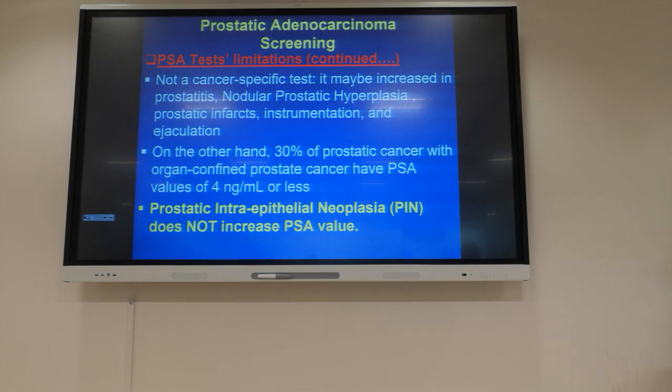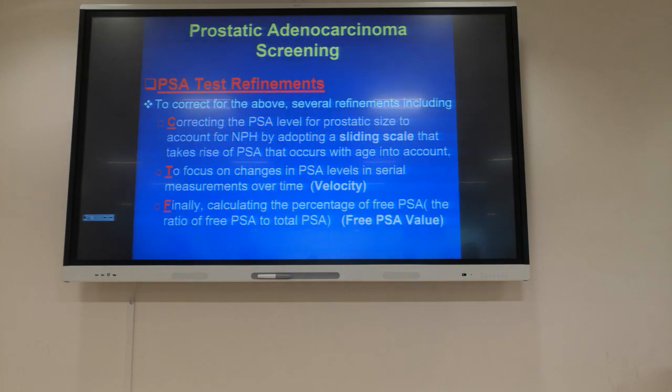So now scientists and clinicians started to suggest test refinements. One of the best is what is known as a sliding scale refinement. Sliding scales tell you that a patient of a given age should have this boundary for the PSA value. By doing this, you are taking into account the size of the prostate with regard to age.